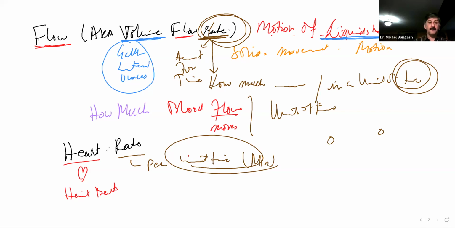Likewise, when we say flow or flow rate or volume flow rate, that's going to account for how much blood flows in a specific period of time or as a result of a specific event. Did you guys get that?